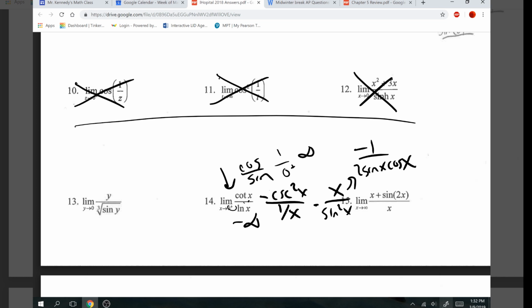And now our top is definitely determinate. Our bottom is still 0. And so we're a bit sad because, you know, this is 1, this is 2, and this is like a little tiny positive number. And so since we have negative 1 over a little tiny positive number, this is going to be going to negative infinity.